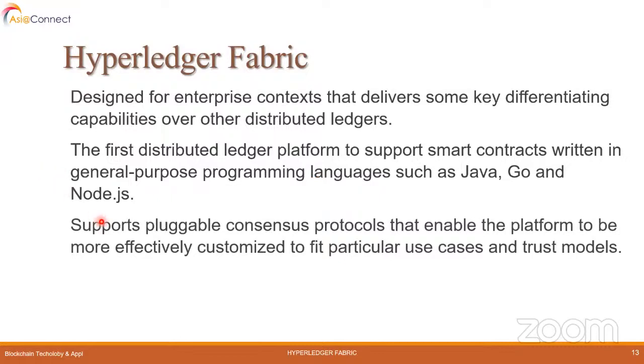Second, it supports pluggable consensus protocols that enable the platform to be more effectively customized. For example, for some decision making, I may require a 3/4 majority, but for some other decision making and writing on the ledger, you may require only an authorized person to write.